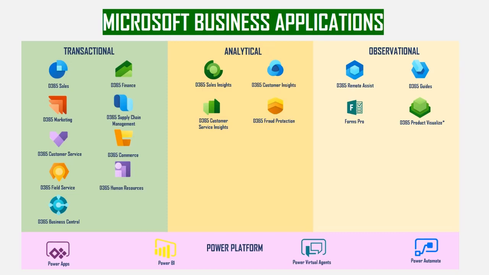These are some of the modules you will get in Finance. This image provides the full set of business applications, a high-level overview for you to understand what products Microsoft has. Let's move into the next part.